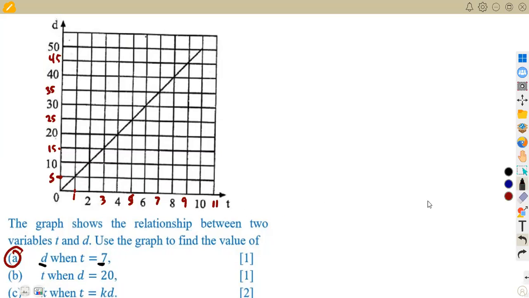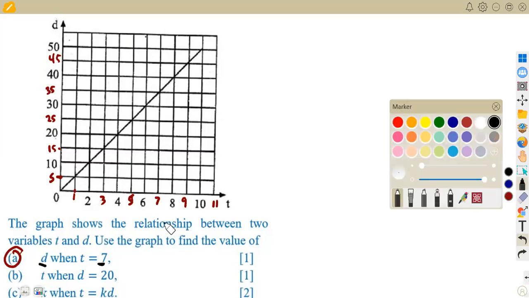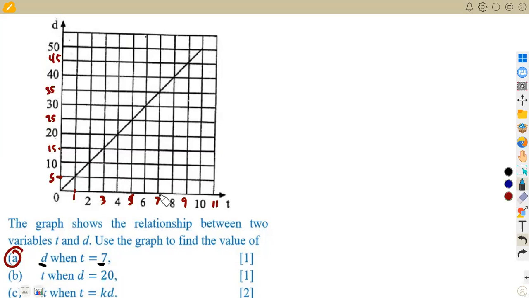We move from t straight to the graph where t is equal to 7. What is the value of d? D is on this side, so we correspond it to the side where there is d. It corresponds between 30 and 40, which is 35. So in this case, d is equal to 35.